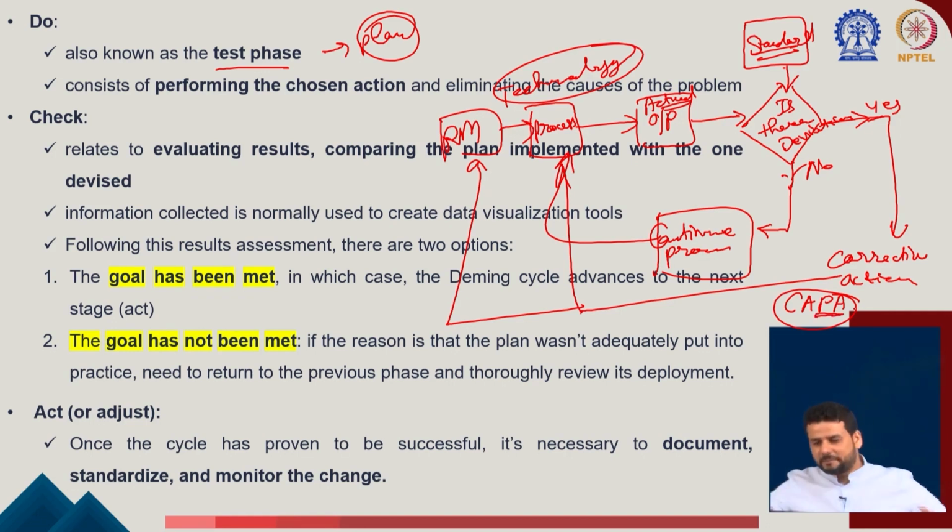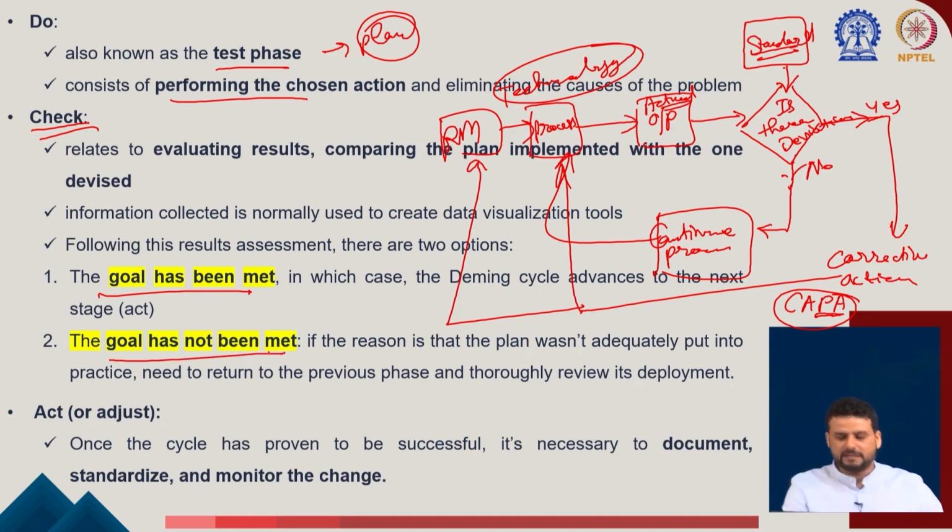So, this is the complete cycle, right, how we are controlling the output, how we are comparing this output with the fixed standard, right. So, you will implement that, then you will check. If the goal has been met, then that cycle will be over, we will take the next problem.